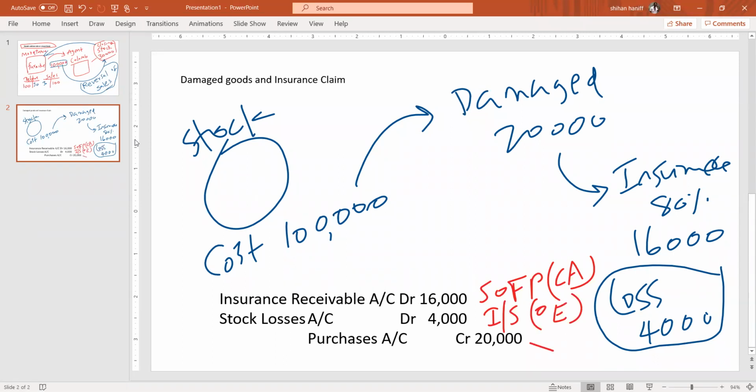Purchases credit means in the income statement minus from cost of sales. So this is how you record the damaged stock and insurance claim. For the income statement, other expenses only 4,000 will go. 16,000 is insurance receivable. Purchases account will be credited 20,000 as damaged stock.